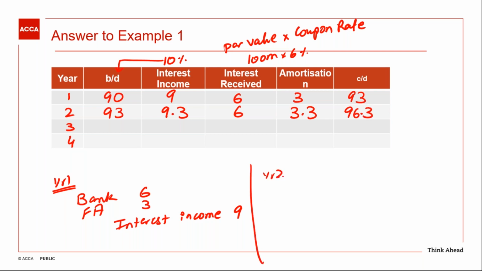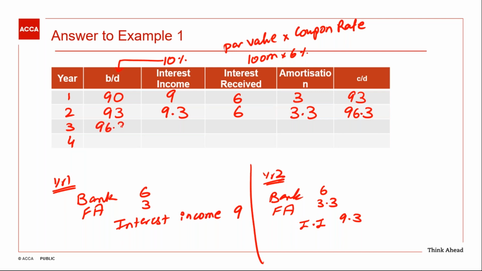And this time in year 2, my entry is again bank debit by 6 million. Although my interest income was 9.3 million, this means that I should be increasing my financial asset, my receivable, by 3.3 million because this is the interest which I should be receiving in the later years.